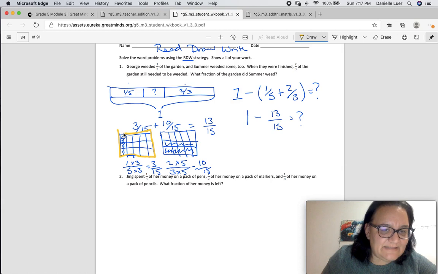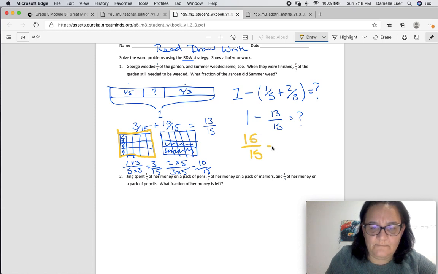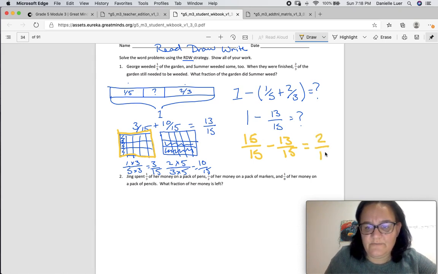And I want it to have the same common denominator as this. So I'm going to turn this into a fraction. So 1, 2, 3, 4, 5, 6, 7, 8, 9, 10, 11, 12, 13, 14, 15 over 15 equals 1 whole minus 13/15 equals, well, 15 minus 13 is just 2/15.